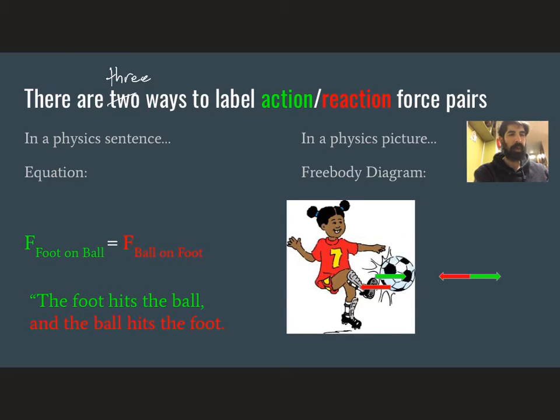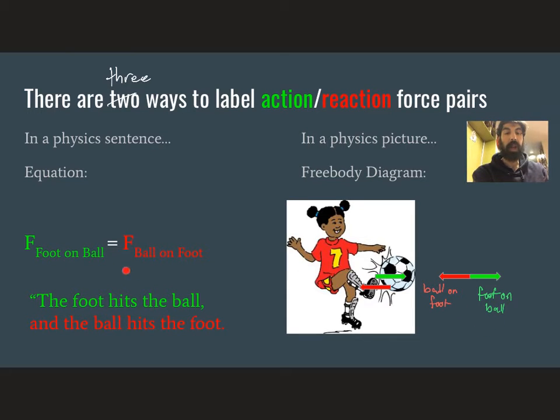You have the force of the ball on the foot, and the force of the foot on the ball. And when you draw a sketch like this, make sure that it is labeled.